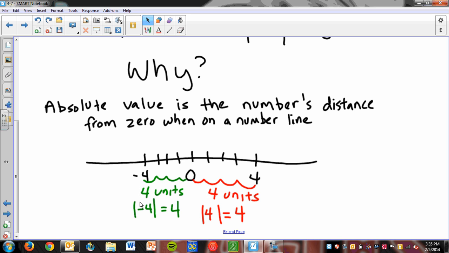Long story short, anytime you have a negative inside absolute value, it will be positive, and positive stays positive. But this is the explanation as to why, because just because they're going different directions doesn't mean you have a negative distance. So that's positive 4 and that's positive 4 still.